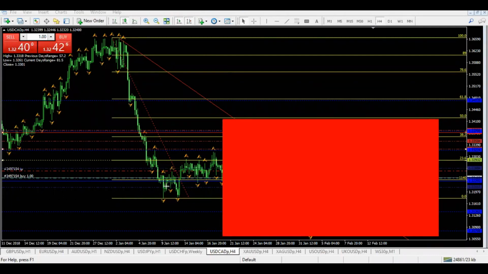What was my trend? It was a downtrend. My whole wave was downwards. I drew my Fibonacci from top to bottom. My most powerful resistances would be 38 or 50.